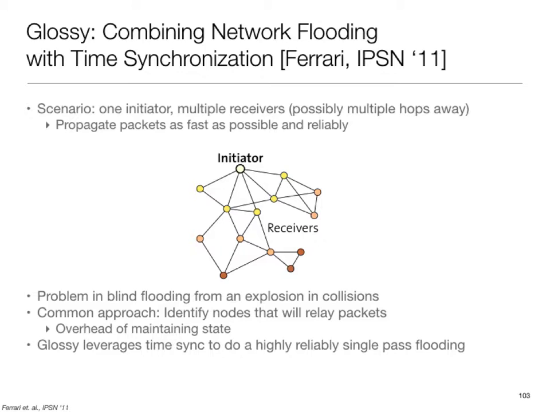So let's say I want to send out a message to all of you. Of course, if I transmit at very high power, then all of you hear it, problem solved. But in a multi-hop network, when a node transmits, only its neighbors hear it, and then those neighbors are supposed to retransmit. For example, let's say this initiator node is supposed to send out a packet.